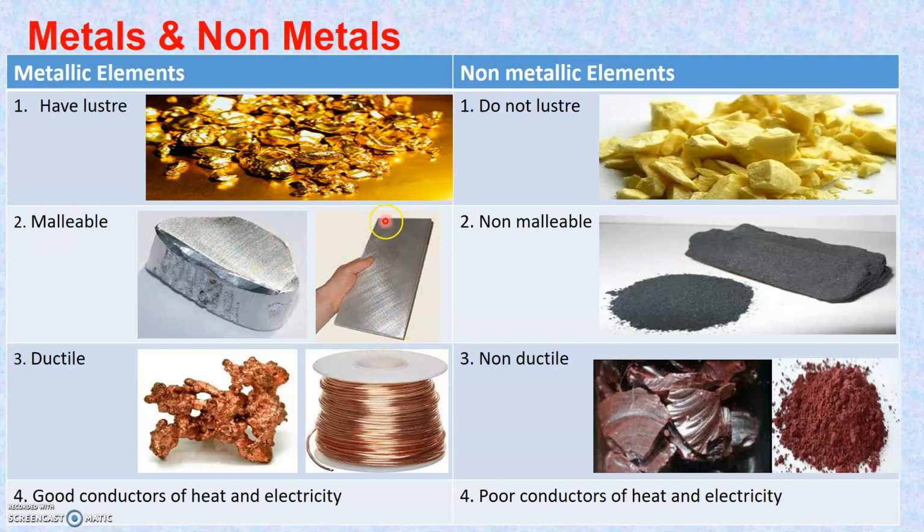As you can see here, this metal aluminium is converted into an aluminium sheet. While non-metals are non-malleable, this is the non-metal carbon, which on hammering got converted into a powder, which means it cannot be converted into a sheet because they are non-malleable.